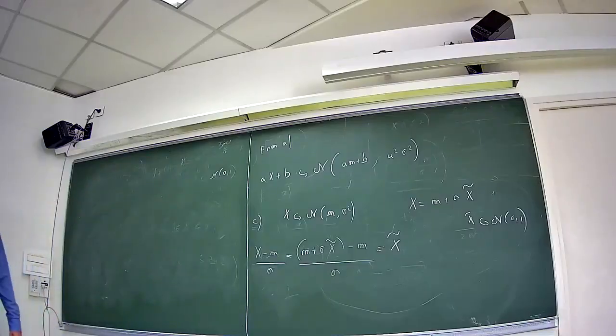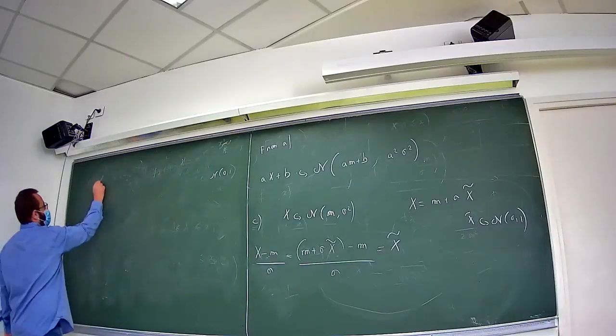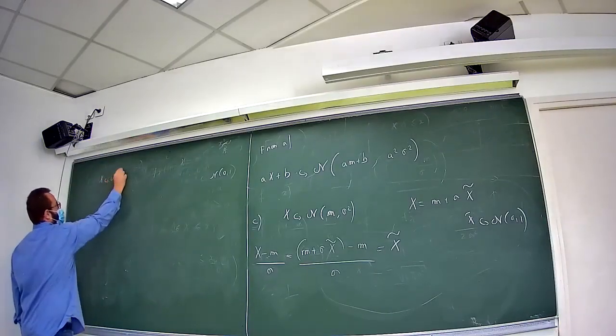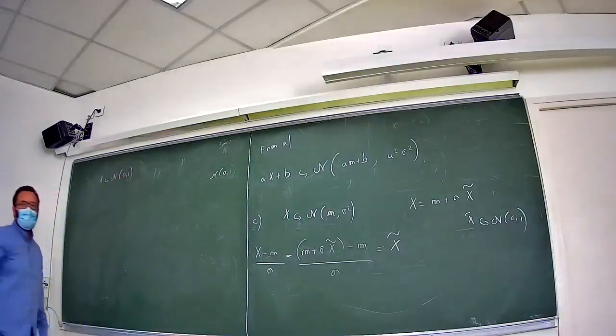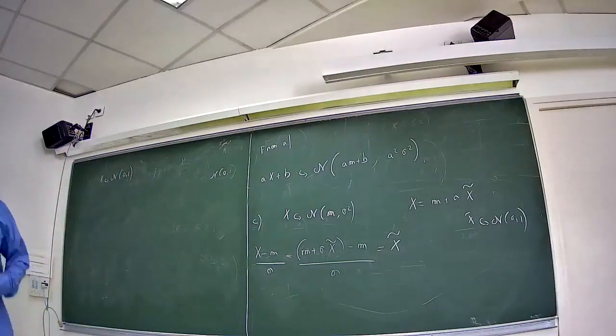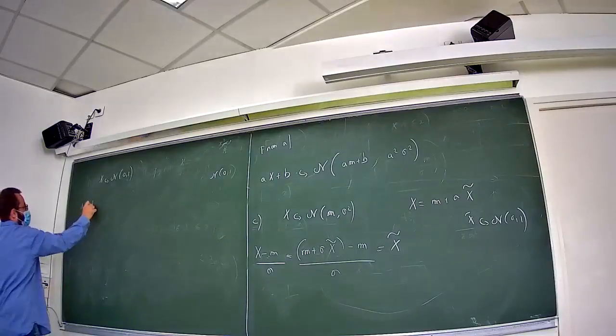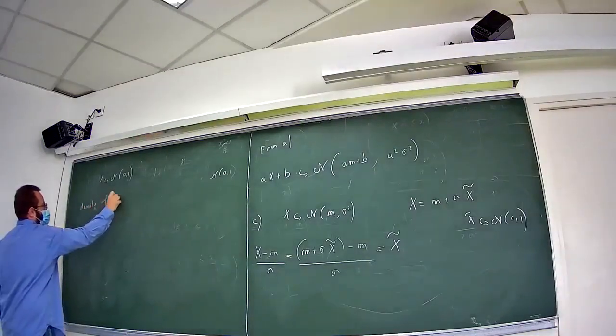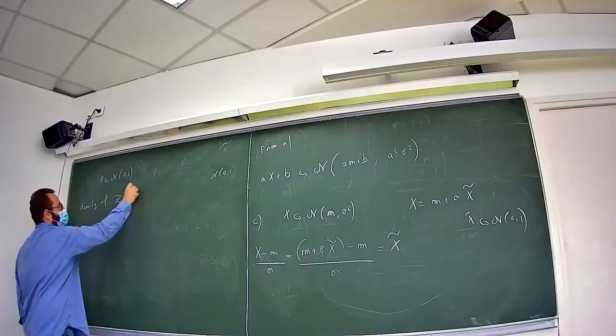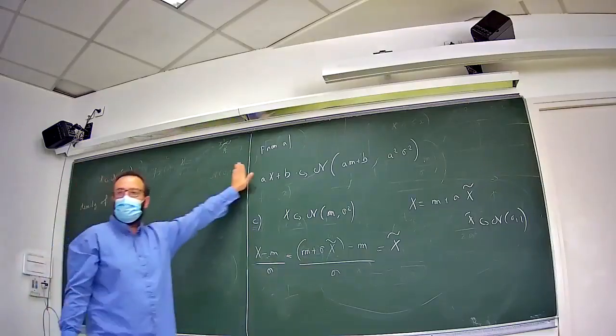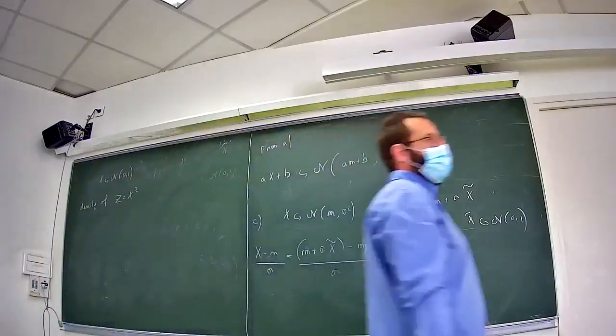So, with my notations here, x follows the N(0,1), meaning that you know perfectly what is the density of x. And I want the density of z that is equal to x squared. It's what I want you to do.